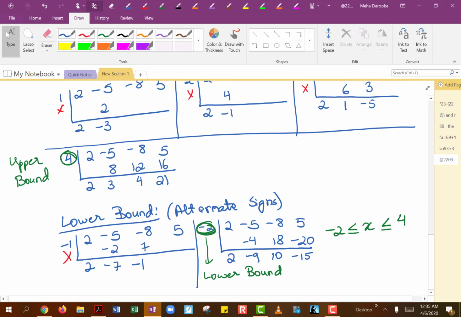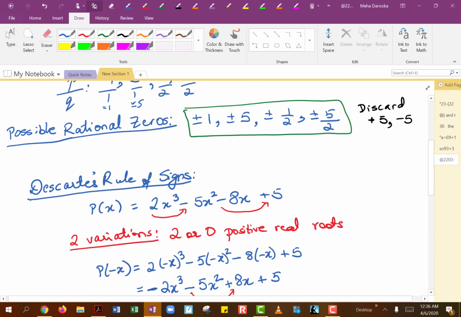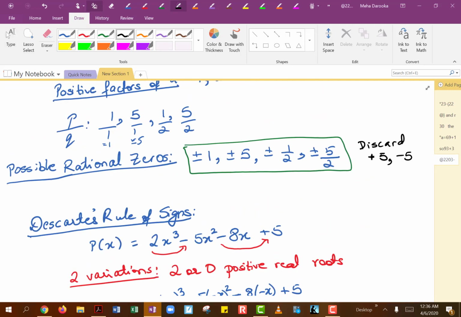So it can be including those. So anything between negative 2 and positive 4 is okay. So that means positive 1, negative 1 are fine. Both positive and negative 5 are not. So we discard them. Both positive and negative 1/2 are safe.